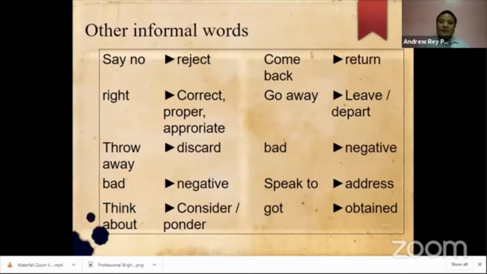Instead of using come back, use the word return. Or go, instead of using go away, you use leave. Or even better, you can use the word depart. Instead of saying speak to, use the word address. And you don't use the word got, it's very informal. Use the word obtained instead.